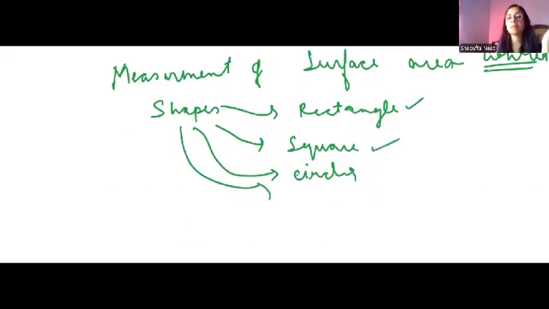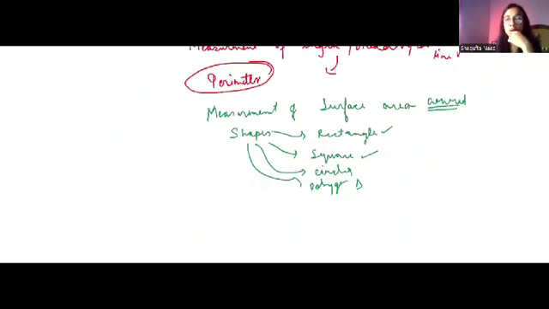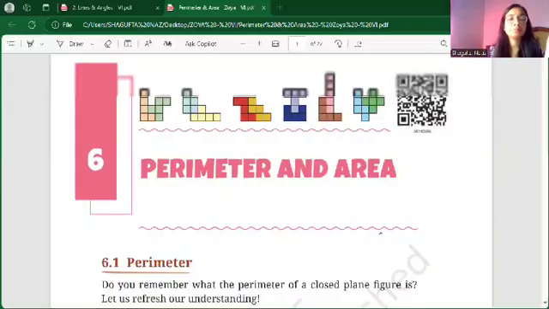It can also be a parallelogram, pentagon, or any other polygon, triangle, any other things, right? So now let's talk about what formulas we have and how we are going to deal with these questions. I'm going to share my screen for the chapter of perimeter and area. There we will be learning some concepts on perimeter and area.